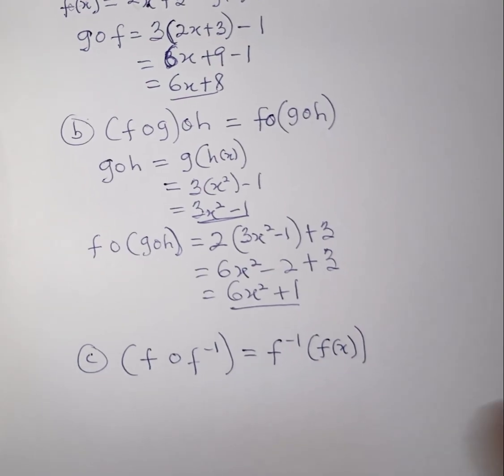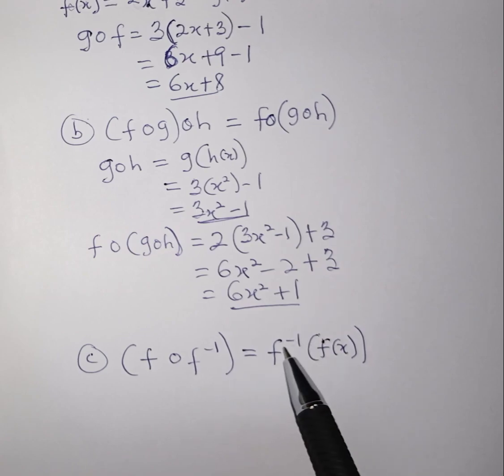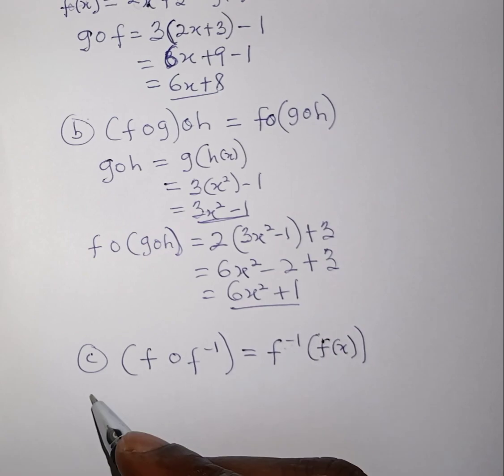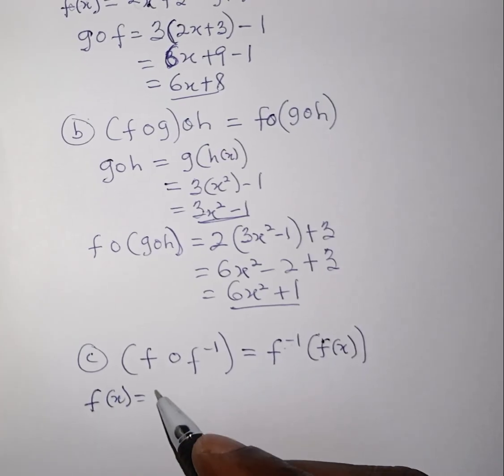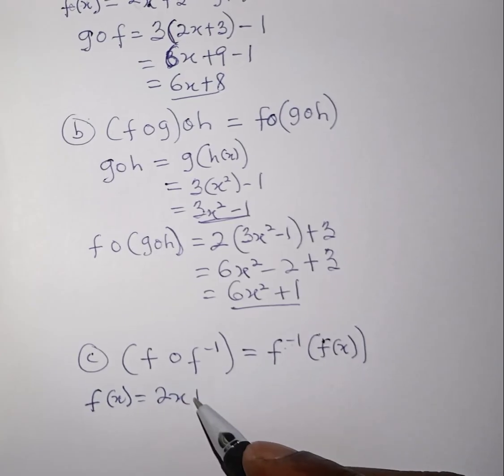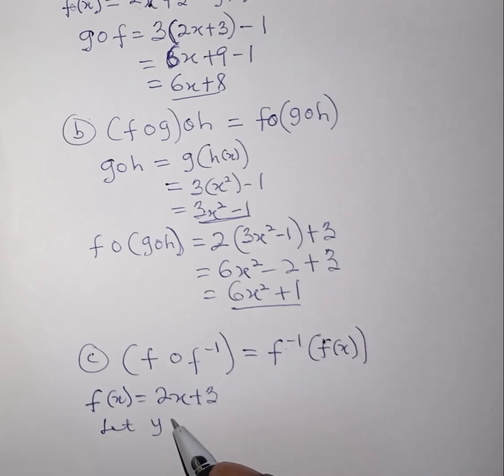Okay, great. Now in such a situation, how do you even do it? Before that, you need to find the inverse of f. So we are saying f at x is given as 2x plus 3. So how do we find the inverse? Remember what we did previously. Before you find the inverse, you need to let y equal f at x.